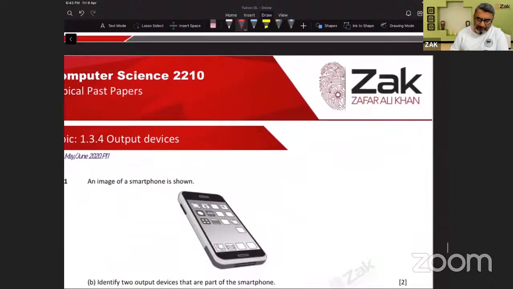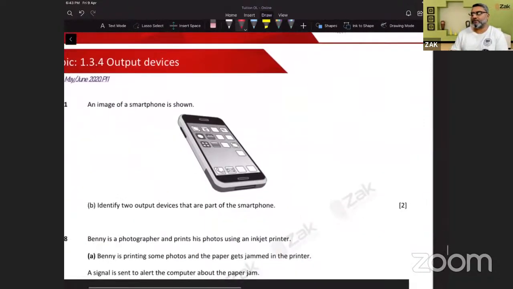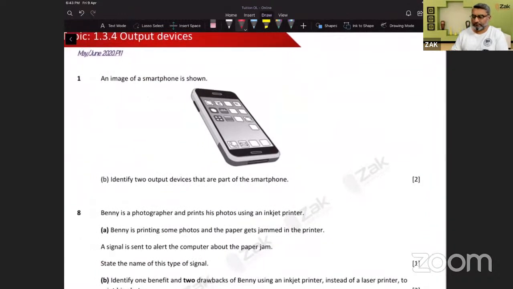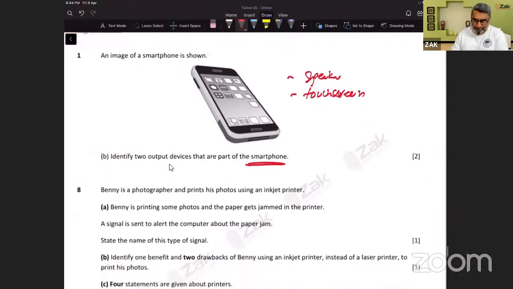An image of a smartphone is shown. Identify 2 output devices for the image of this smartphone. We have a speaker and touch screen. आपको पता है कि touch screen जो है वो इनपुट डिवाइस भी और आउटपुट डिवाइस भी है.